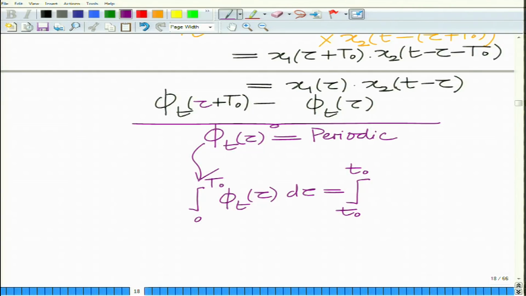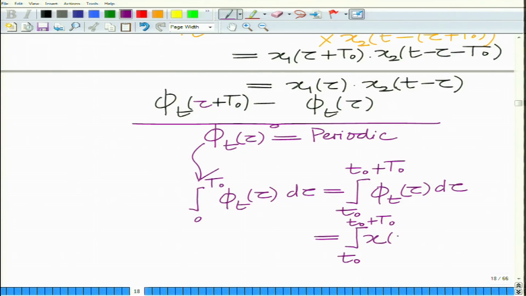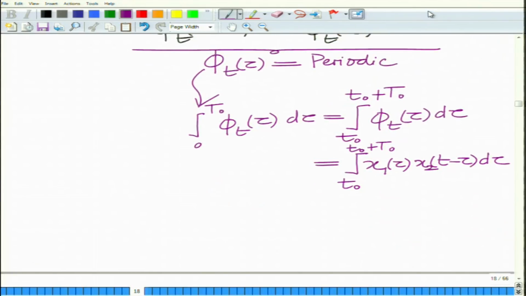So, this is equal to the integral from small t naught to small t naught plus capital T naught of x1 of tau x2 of t minus tau d tau, which is equal to f tilde of t, and this is f t.